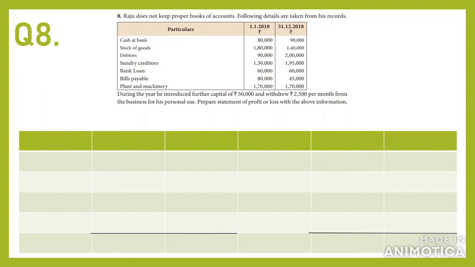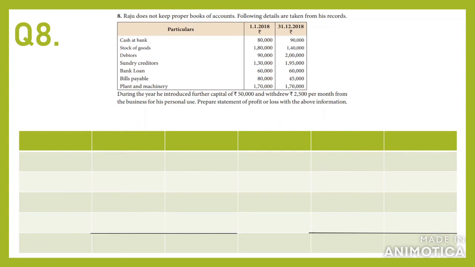That will give you 30,000. So 2,500 per month of drawings effectively translates to 30,000 per annum. Just keep that in mind. And with this, what we have been asked to do is first we need to prepare the statement of affairs, and then we will go ahead and prepare the profit or loss.